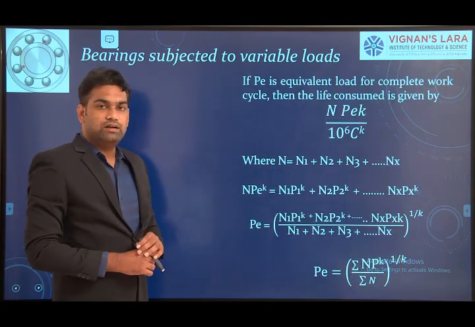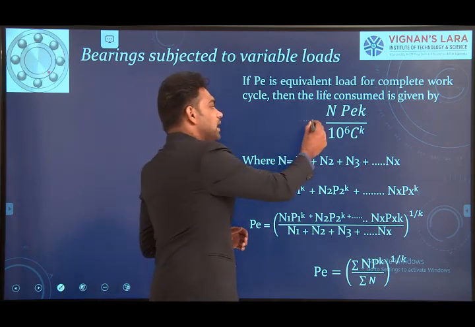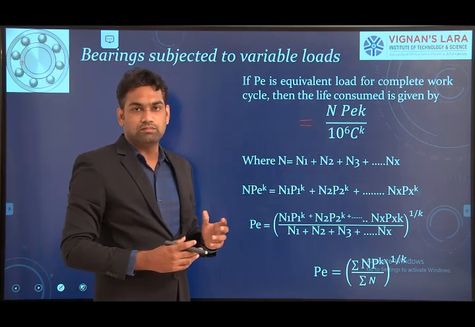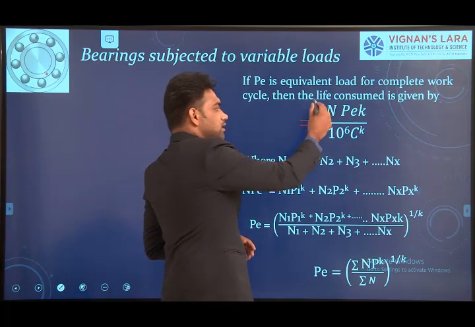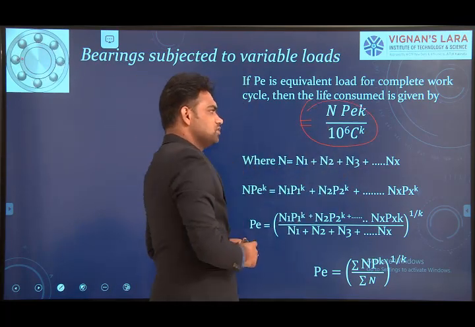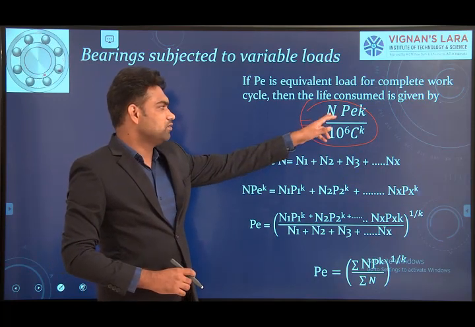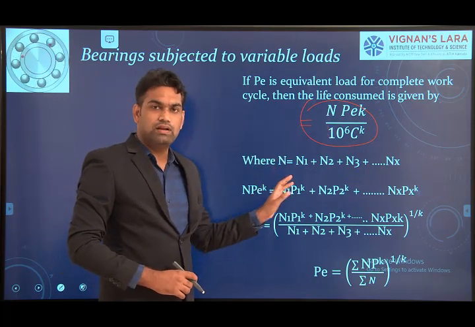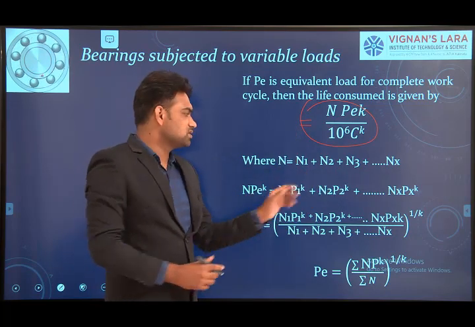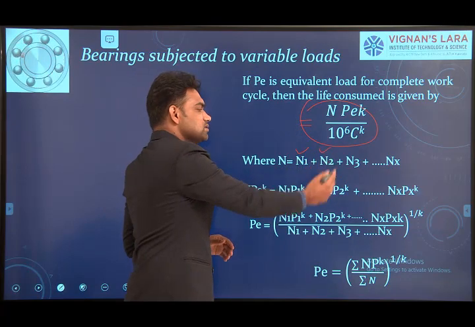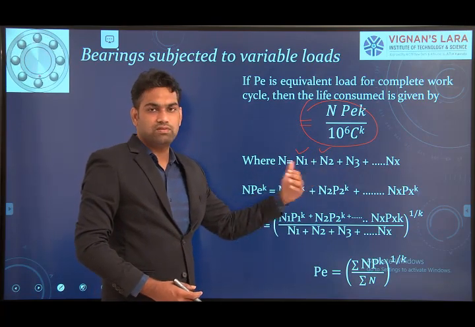We also know that the equivalent bearing load can be written so that the total life consumed is given by n into Pe power k by C into 10 power 6. Here n is the total number of revolutions, that is N1, the number of revolutions in the first time cycle, plus N2, the number of revolutions in the second cycle, plus N3, the number of revolutions in the third cycle.